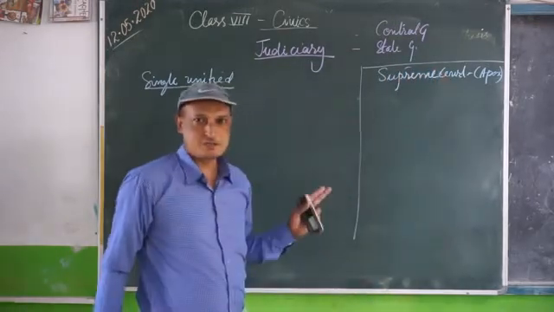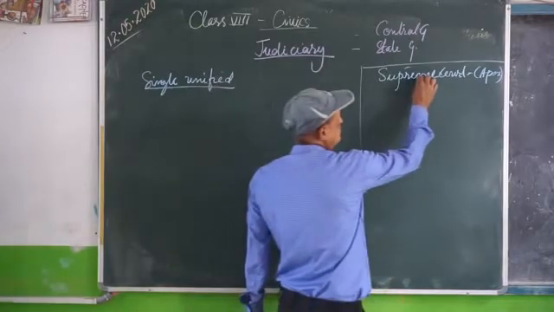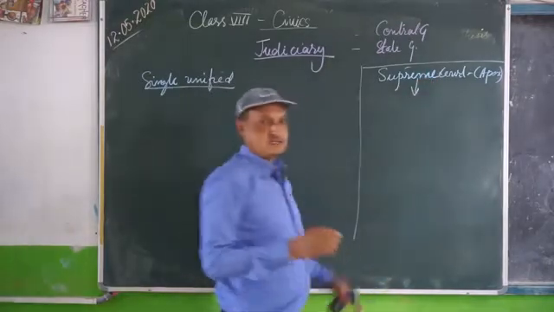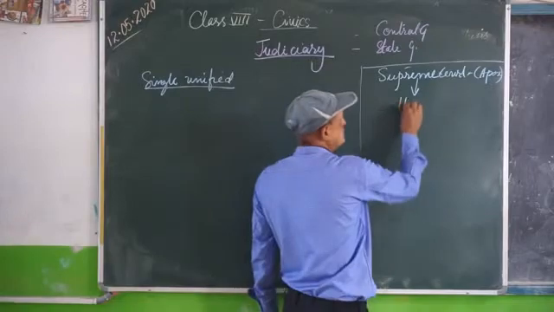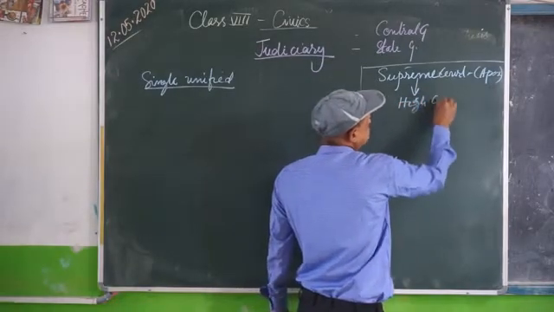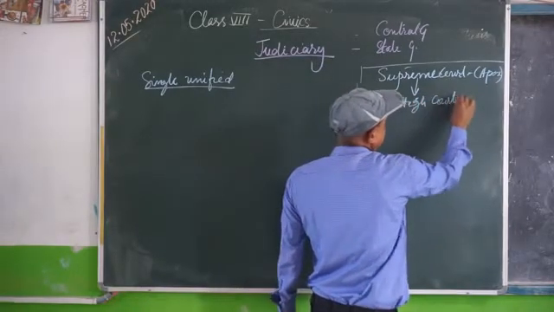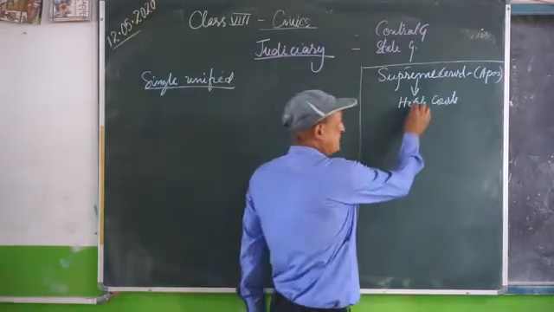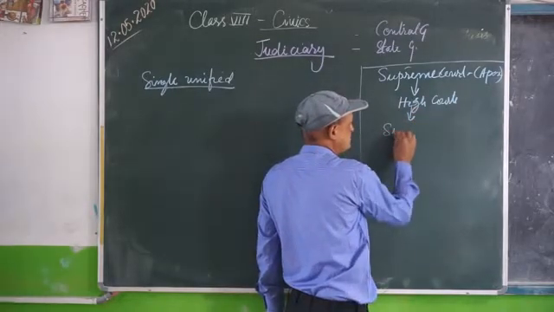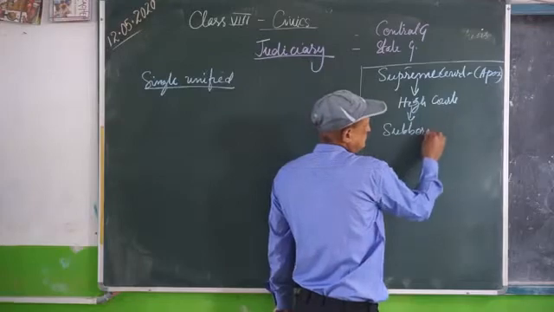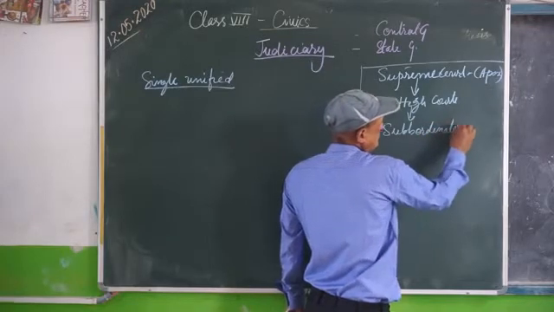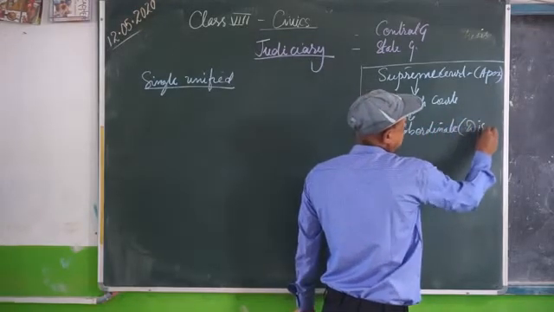Under the Supreme Court, in the states, we have the high courts, and below the high courts we have subordinate courts, also known as district courts.